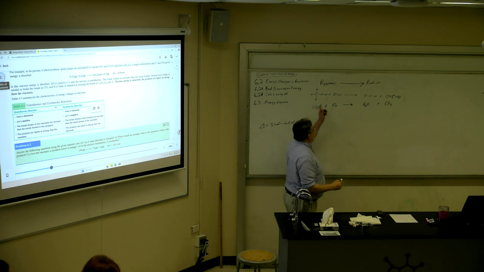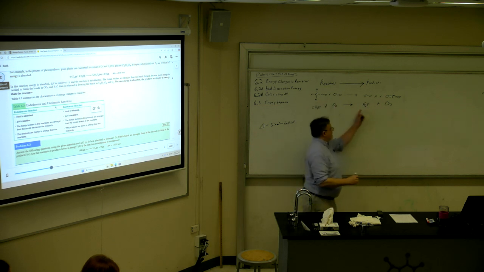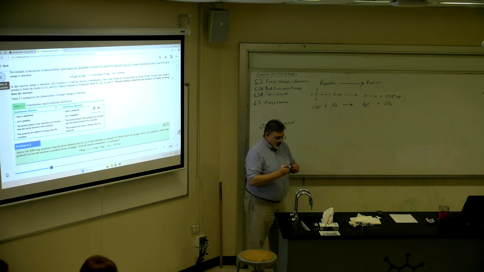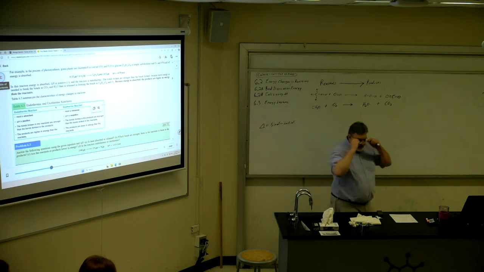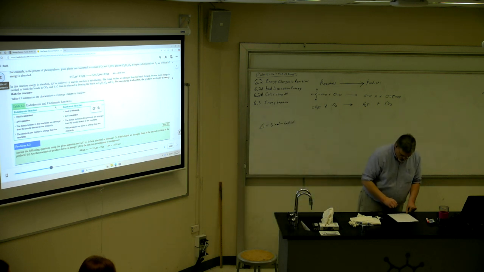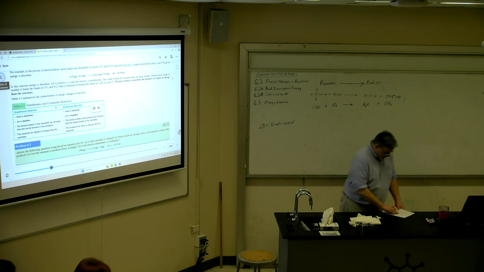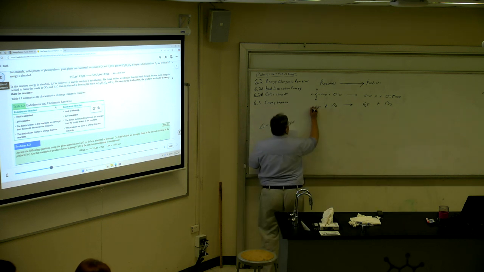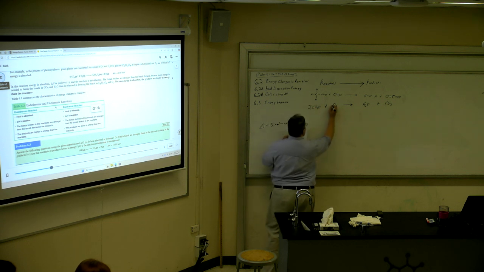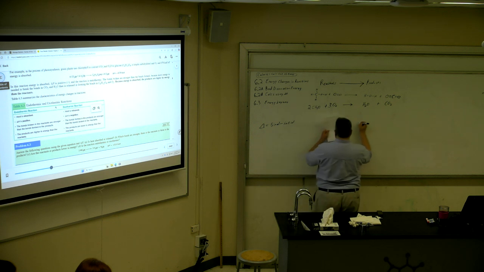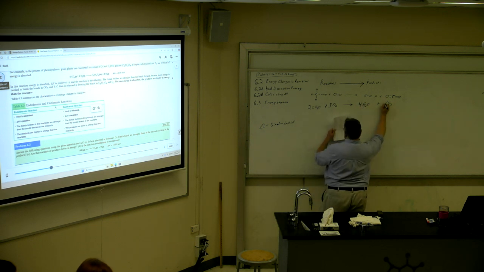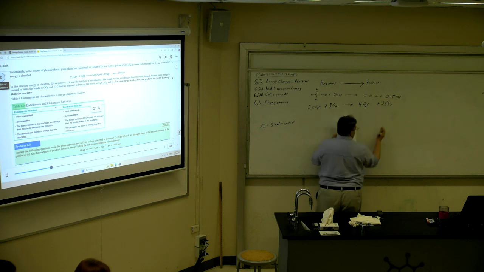So instead of using the actual structure, I'm doing it in formula the way we usually do. And here's the balanced equation. I need 2 of those, 3 of those, 4 of those, and 2 of those. So that balances it.